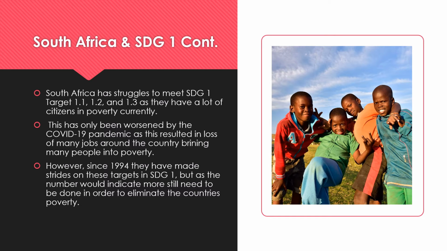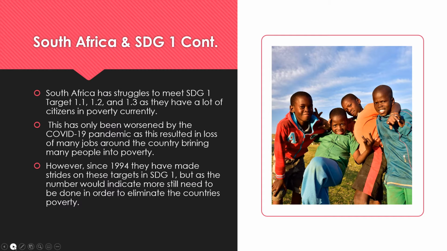Individuals benefiting from social protection systems has increased from 3 million in 1994 to 17.5 million in 2018, and they've been attempting to accelerate levels of investment and to create more jobs for people. That may have been halted by COVID, but that was what they were doing beforehand.